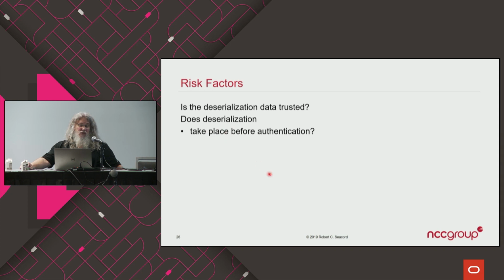Does deserialization take place before authentication? Again, that only helps if you can trust your users. If your users aren't trusted, then that's still an issue. And more importantly, is there any sort of limit placed on which type of object can be deserialized? So basically, is there some sort of allow list in place?